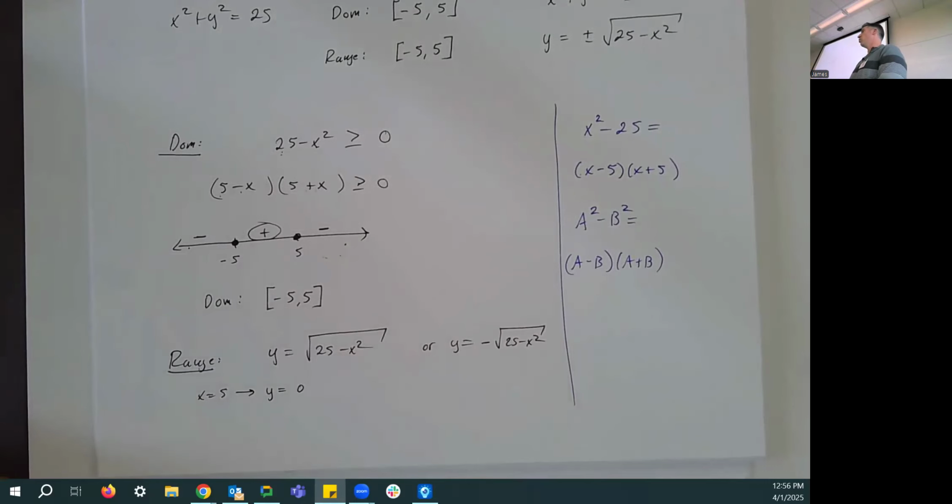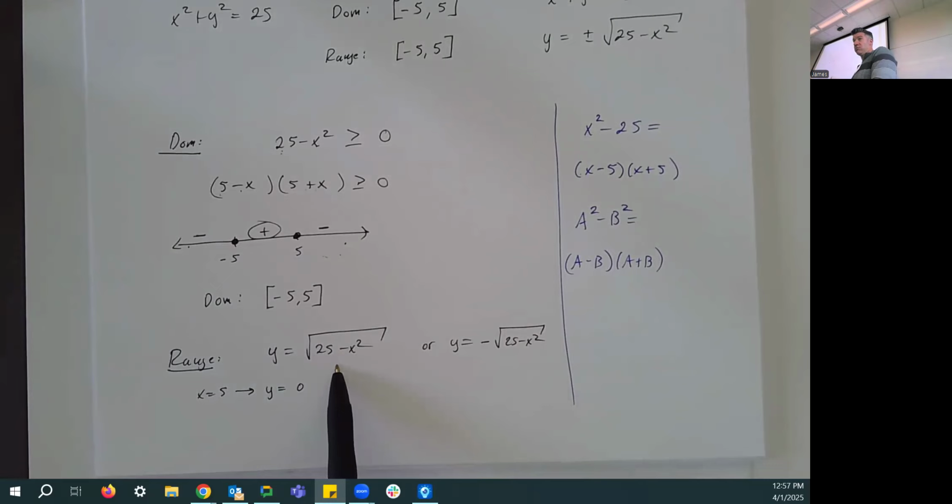Similar question, what value of x could we pick to plug in that would make this as big as possible? If I want to make 25 minus x squared as big as possible, I want to make x squared as small as possible. Meaning I'm going to pick x equal to 0.